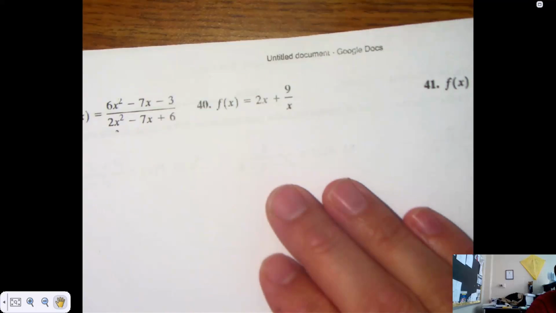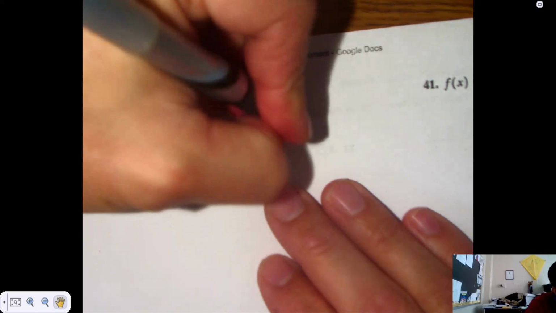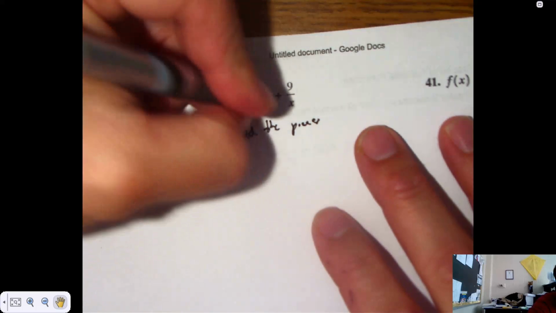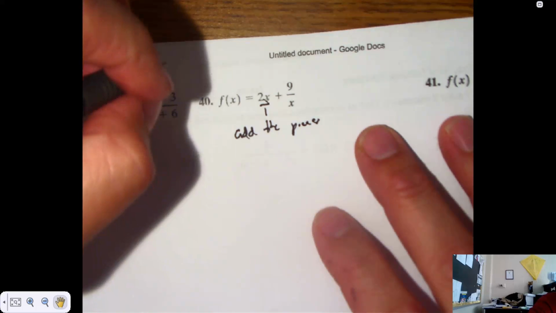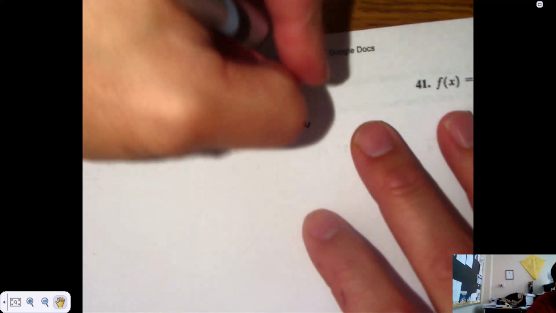There's probably other ways of doing this, but I'm going to add the pieces together. You remember how you add fractions? Yeah, but there's kind of a shortcut too.